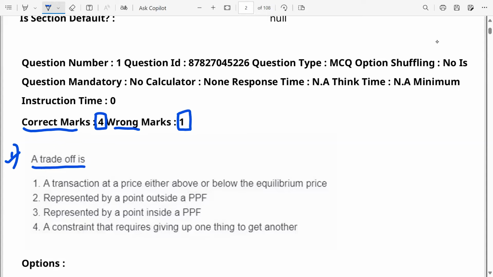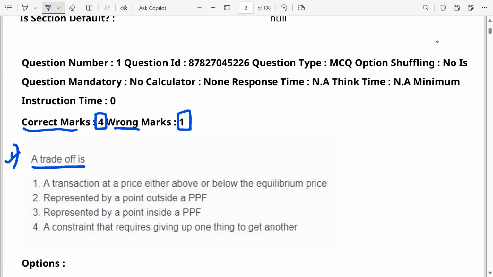We have learned this in basic microeconomics that a trade-off simply means that you get something, but then you have to give up something in return. You have to sacrifice something. And the first concept where students have learned trade-off is the concept of production possibility frontier. Remember, a production possibility frontier captures combinations of two goods which the economy can produce given the available resources and technology.